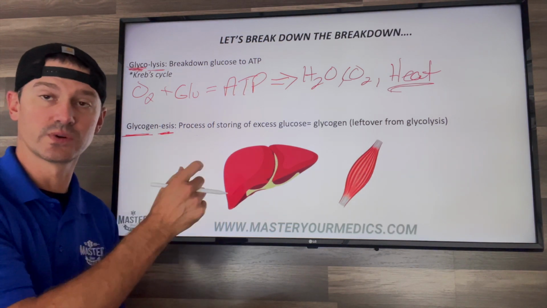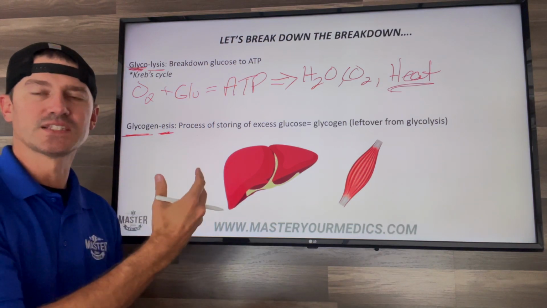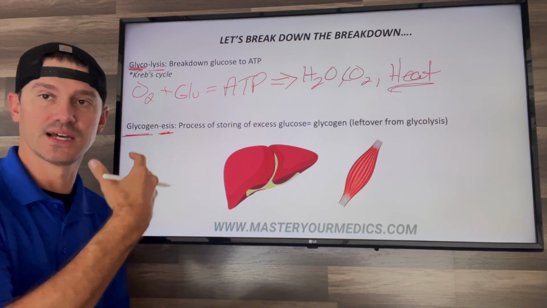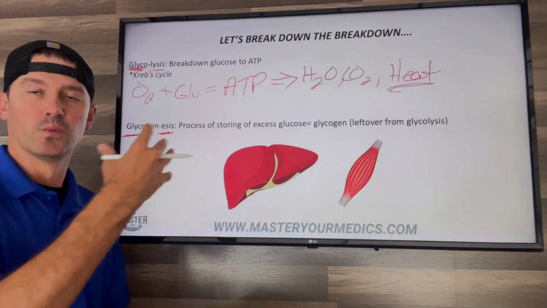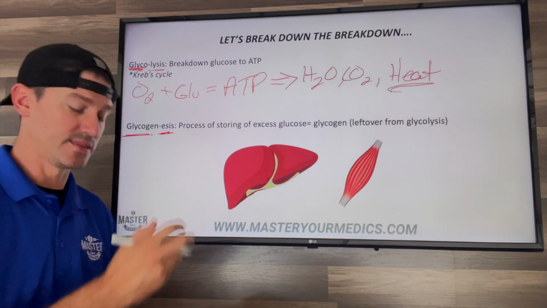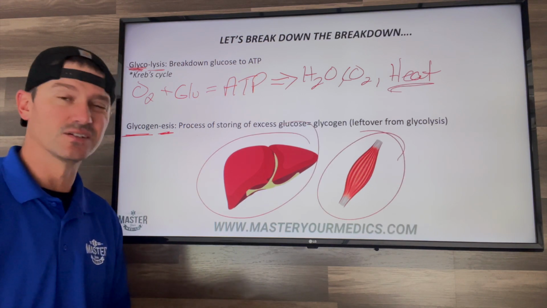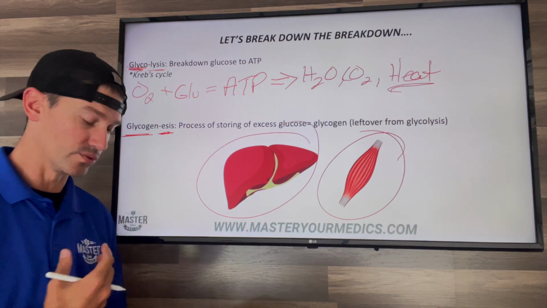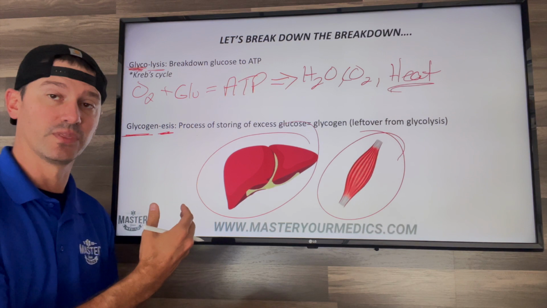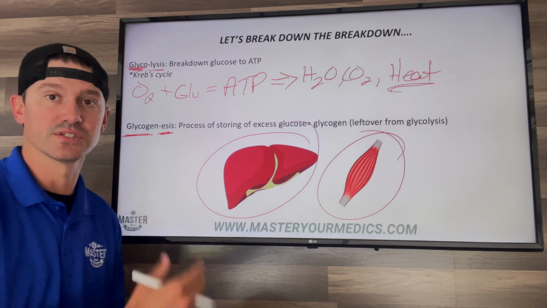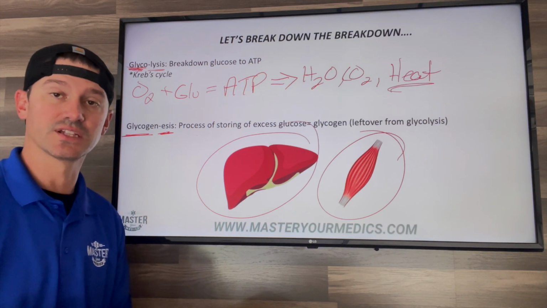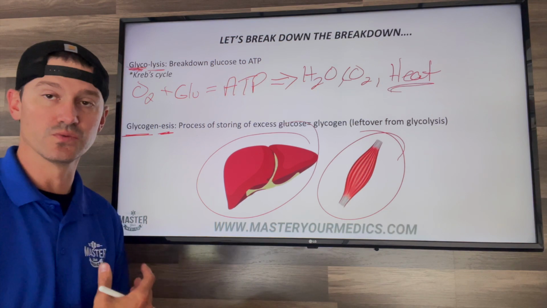What that means is the excess glucose that's being produced or metabolized and sent into the blood vessels, once everything's measured out, the excess amount gets stored in the liver and in our skeletal muscle in little reserves of glycogen. So glycogen is produced from leftover or excess glucose from glycolysis. Again, we store that excess glucose in the liver as glycogen, and some also goes into the muscles.